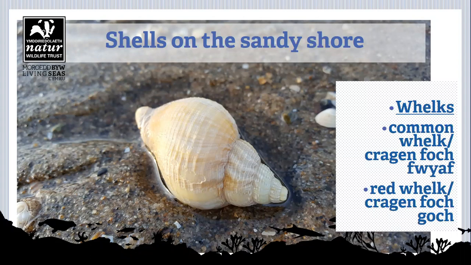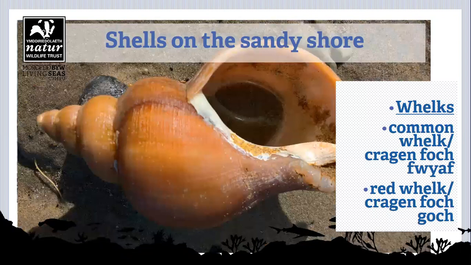They can be different colours, but they're mostly fairly pale, creamy colours. They have this acute sense of smell, and it helps them find their favourite prey, which are mussels and cockles, but they can eat a wide range. And then there's the red whelk, and this is a lovely find. I think an adult red whelk feels bigger somehow, and they can be quite common on some shores, but these aren't edible, unlike the common whelk, which is what you've just seen.